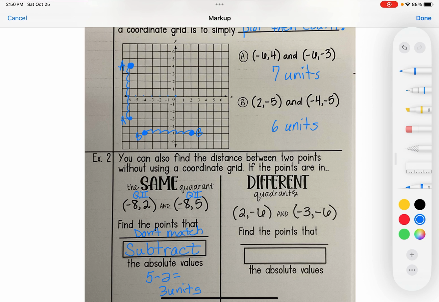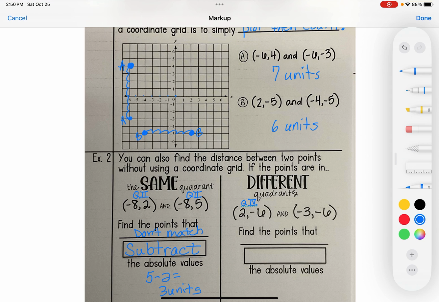Now let's come over to an example like we had up above, where the points are in different quadrants. And again, I can visualize moving 2 to the right and then going down -6 would put me in quadrant 4. Okay?